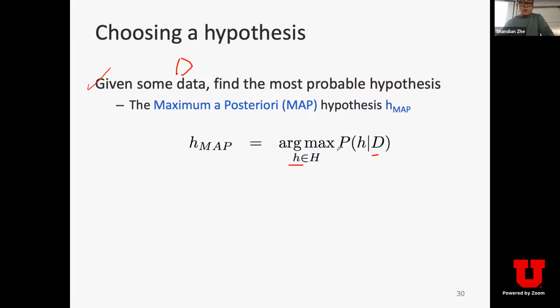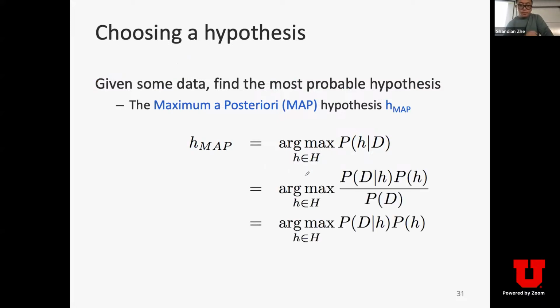In other words, we want to maximize this posterior probability over the whole hypothesis space H. How can we do that? We just apply the Bayes rule. We know that this posterior probability can be written as the prior of H multiplied with the likelihood of the observation given H, divided by P of D. As mentioned, P of D is a constant to H, so you just get rid of it, it doesn't affect your maximization.